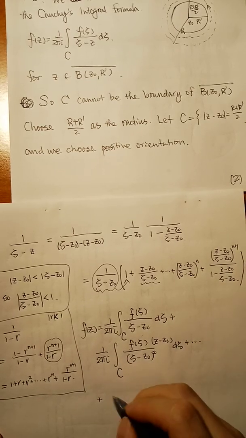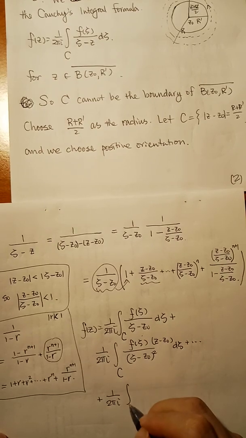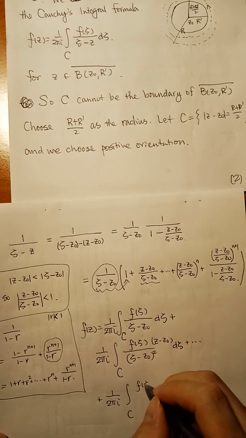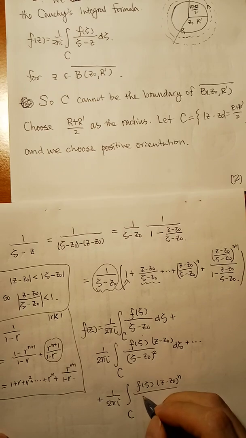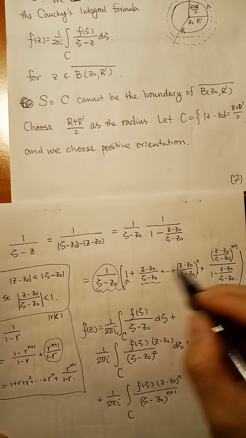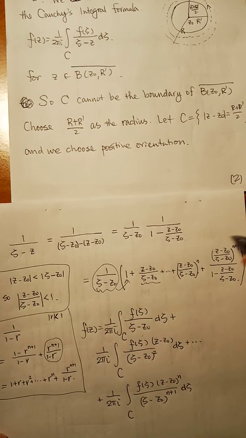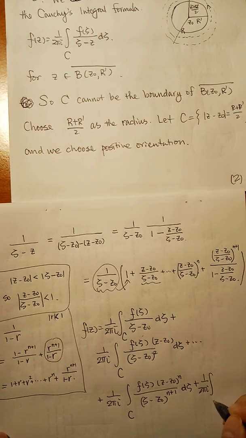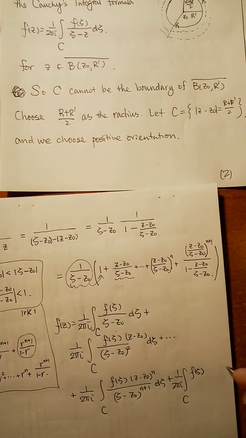And when you get the nth term, it's 1 over 2 pi i, the integral along C, f of theta, z minus z0 to the nth power over theta minus z0 to the power of n plus 1. Check here, you have nth power. Here you have theta minus z0, so that's why you have n plus 1, d theta. And plus this remainder, plus 1 over 2 pi i, the integral along C, f of theta, and it's very complex. Let me just finish the writing.